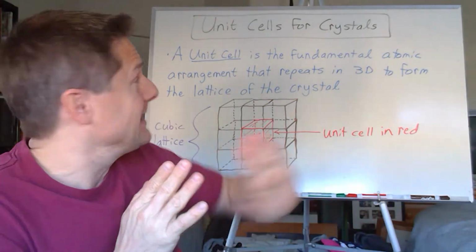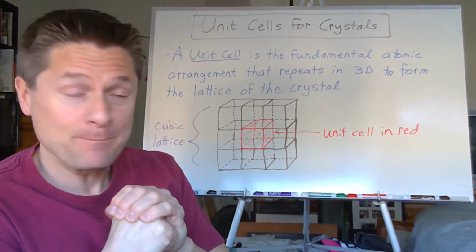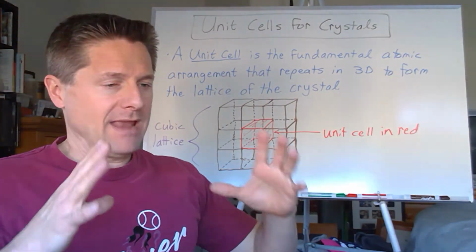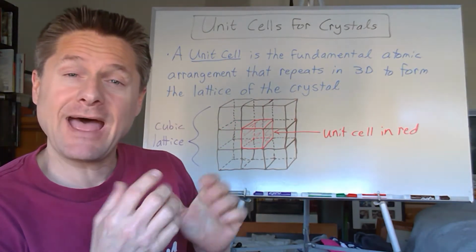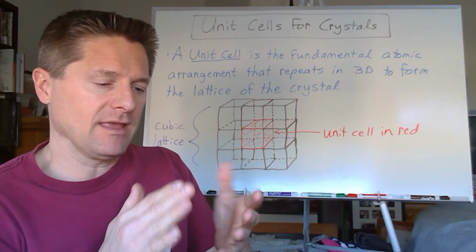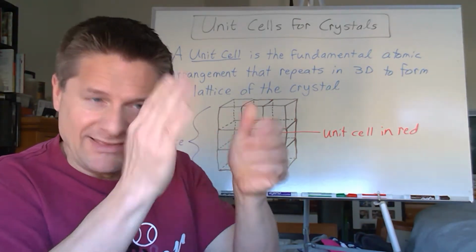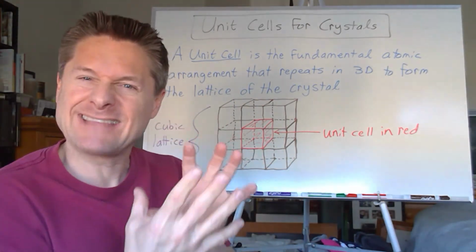But what I want to look at today is this thing that we've mentioned before called the unit cell. So if we look at solids macroscopically, a lot of times you'll see flat edges, sharp points and edges. You might see a kind of cubic look to it, or maybe a hexagonal look to it.